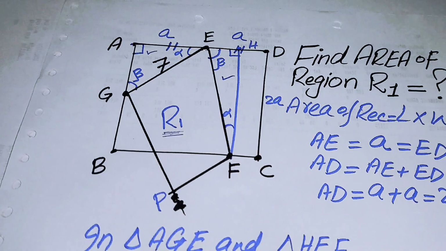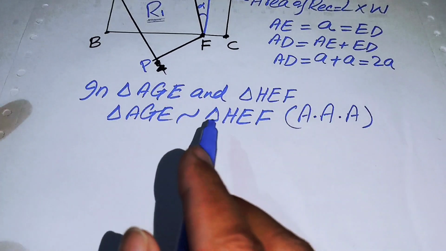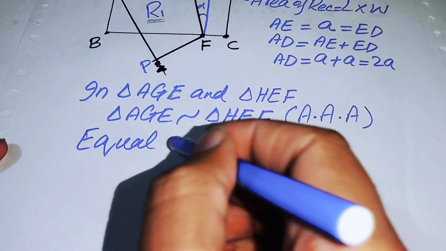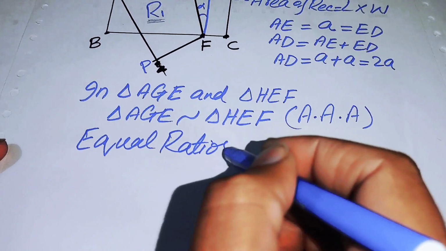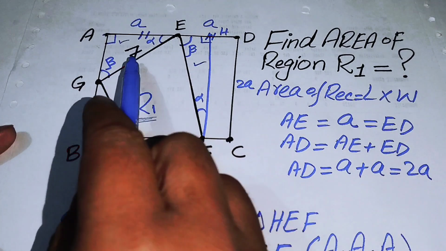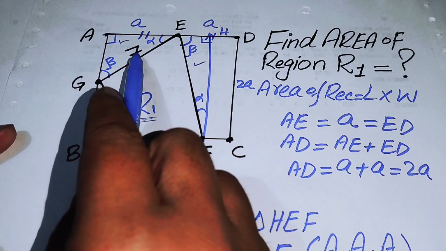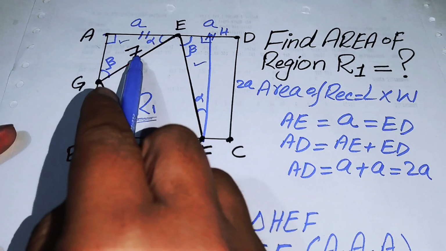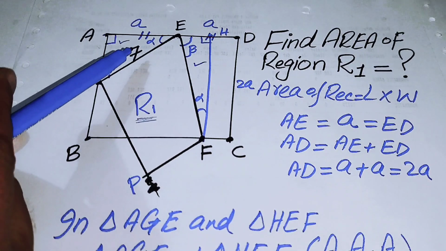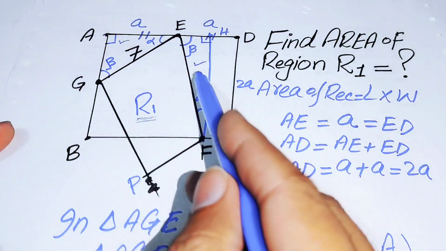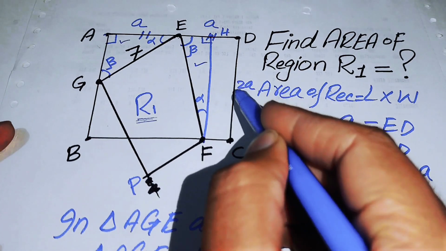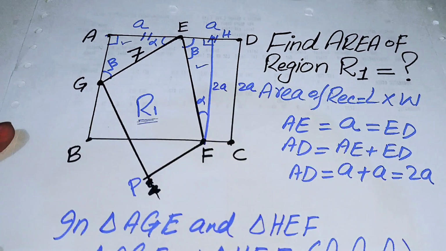Because these two triangles are similar, we write equal ratios of the sides. First we take the side ratio of this triangle, and here we have 7 over a, because 7 is the hypotenuse and we choose the ratio of two opposite sides. If this length is 2a, and this line is parallel to DC, then this length is also 2a.